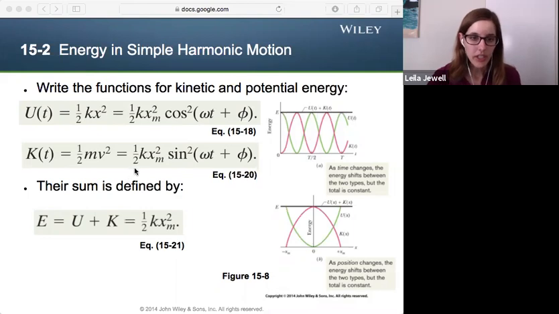One other thing with the kinetic energy equation, I understand that you may be looking like, okay, how do we go from having an m to suddenly having a k? That seems pretty weird. And short answer, you're right. It has to do with the fact that our angular velocity is equal to the square root of k over m, and we have an omega squared in there.